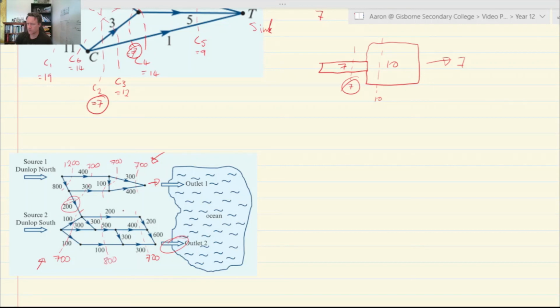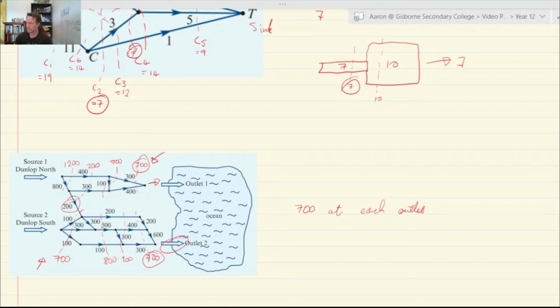And we can go on. Look, other cuts are possible, but right now I think I've used up all of the cuts that are making it. I think that's 900 just quickly. So my min cut there is 700. My min cut there is 700. So 700 at each outlet.